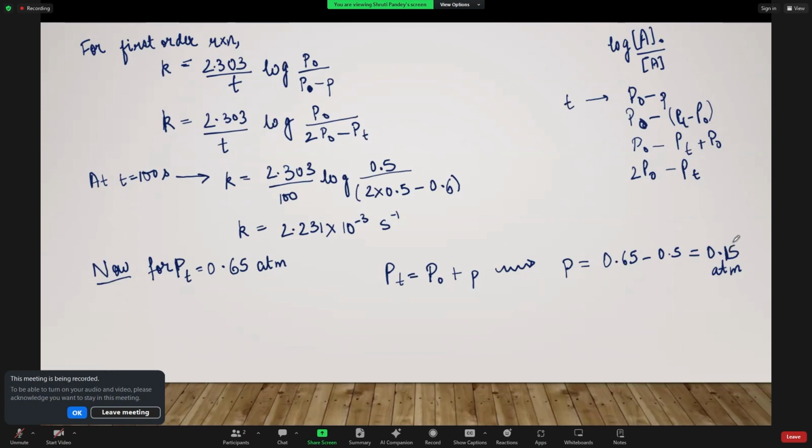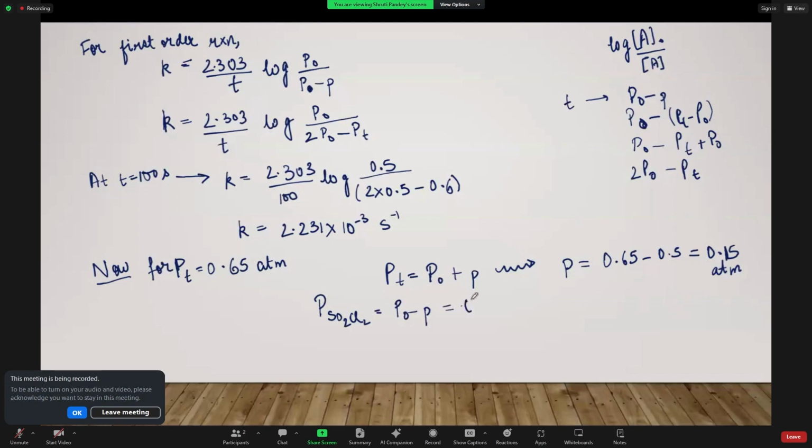ठीक है, तो the partial pressure of SO2Cl2 is P naught minus P at some particular time T. ठीक है, तो इस केस में जब हमारा टोटल प्रेशर 0.65 है, तो जो हमारा पार्शियल प्रेशर है, जिसको हम ऐसे भी लिख सकते हैं, पार्शियल प्रेशर ऑफ our reactant SO2Cl2 क्या है, that is P naught minus P at this time.